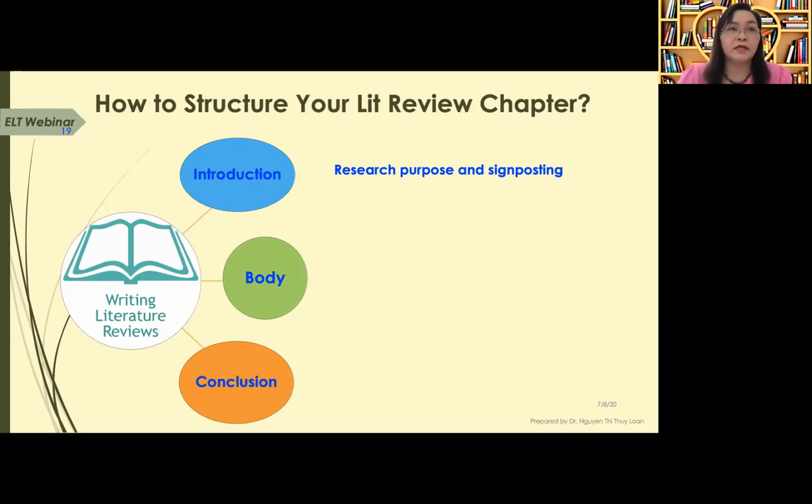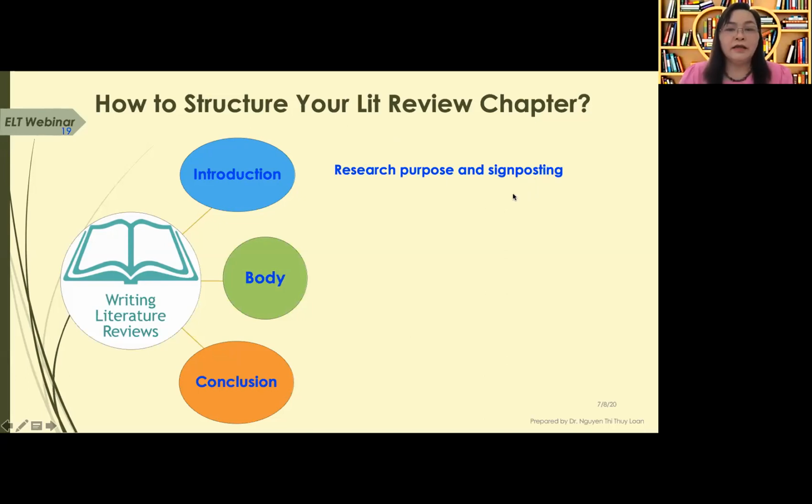After you introduce the objectives of your study, you give the structure of your chapter: this chapter starts by reviewing topic A, followed by topic B, and then ends with topic C. That gives the reader an overview of how you structure the chapter.